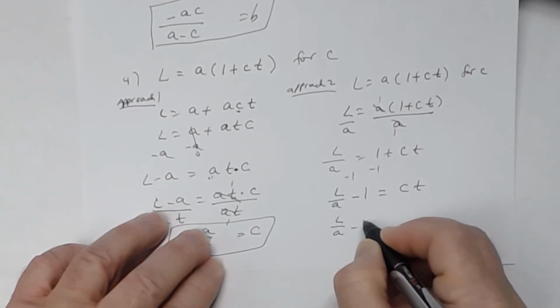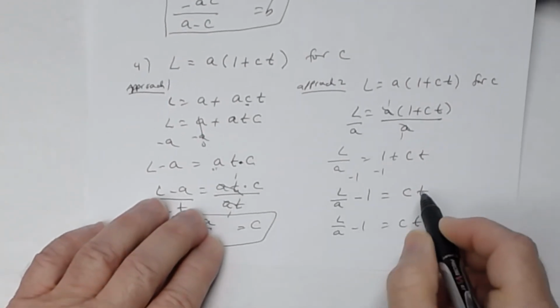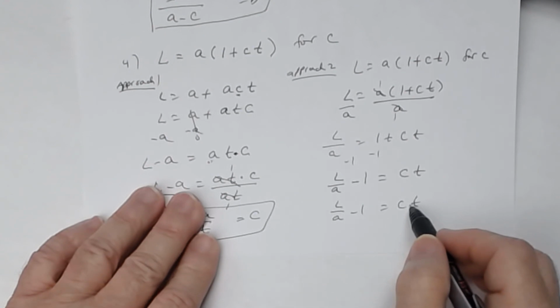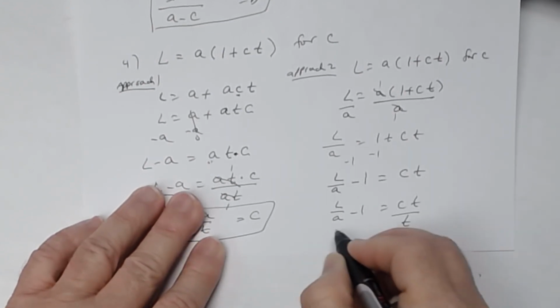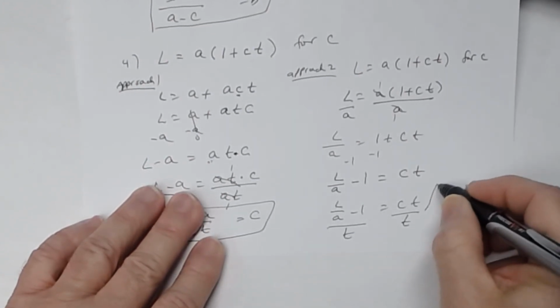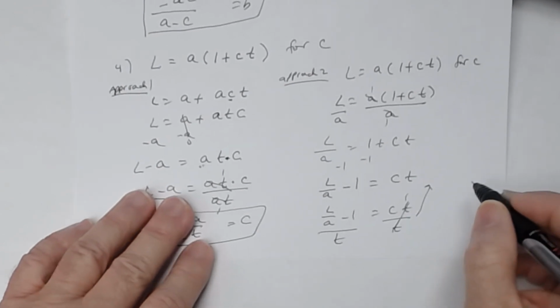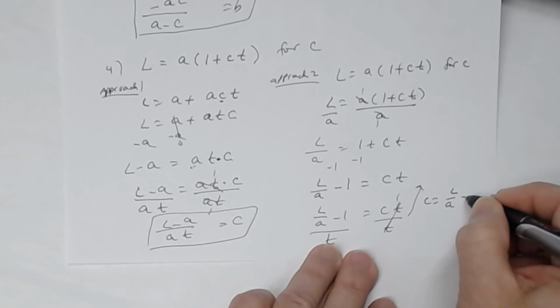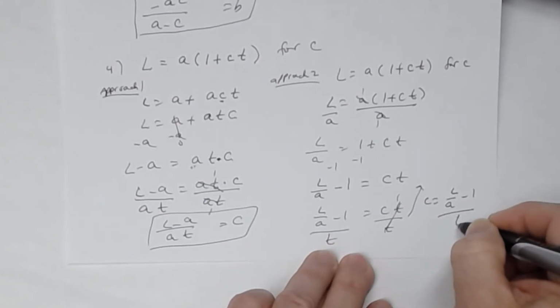You have L divided by a minus 1 equals ct. So to get c by itself, right now you're multiplying by t, so the opposite of multiplying by t is to divide by t, just like this. And therefore, the t's divide out. And you get c equals L divided by a minus 1, all of that being divided by t.